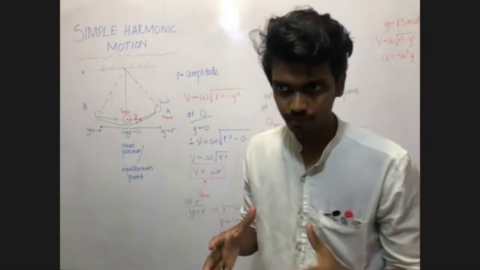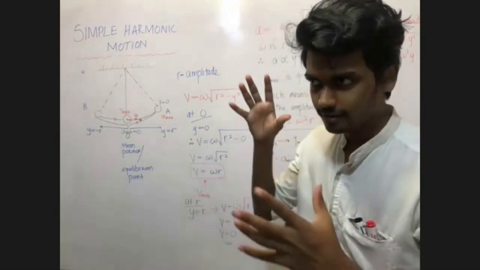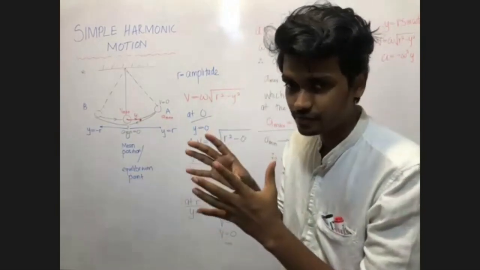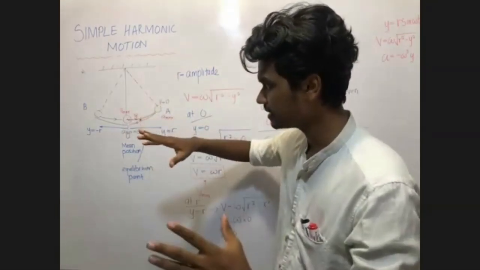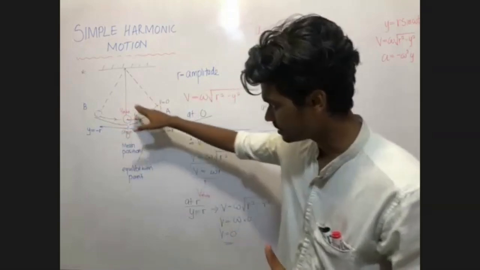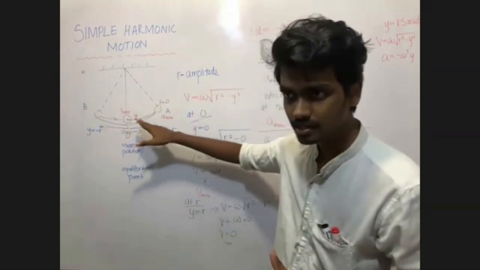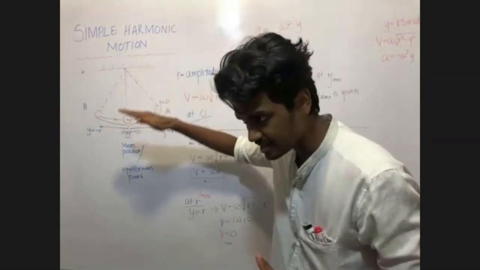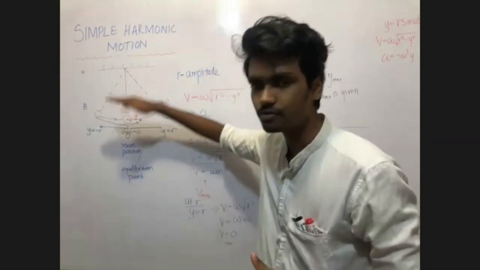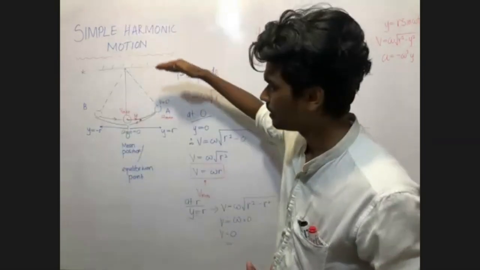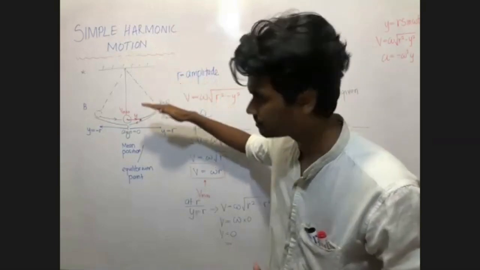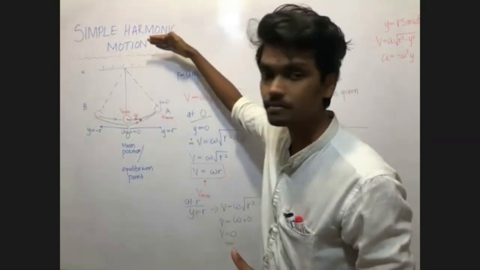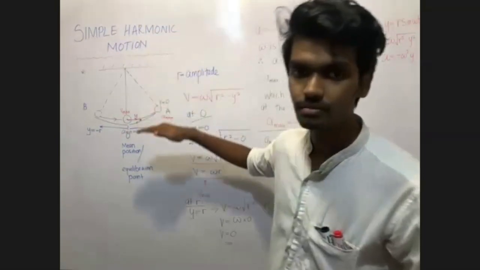So you need to get that clear, because this is kind of confusing. At the center point, the acceleration is minimum, velocity is maximum. At the amplitude, acceleration is maximum, velocity is minimum.